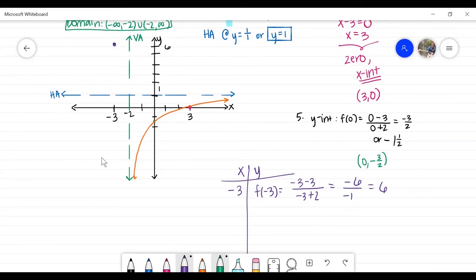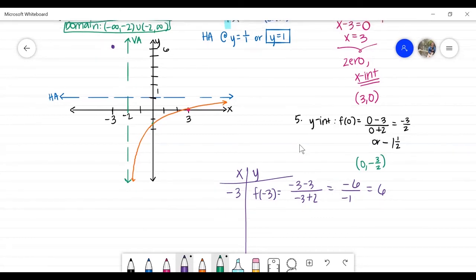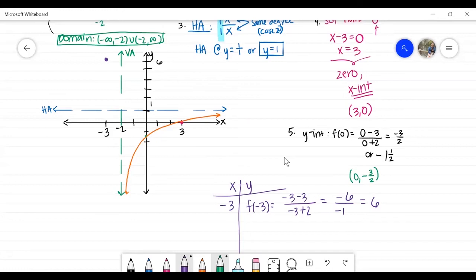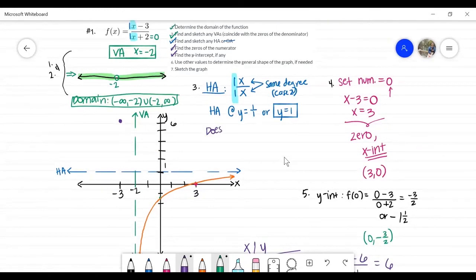Well, that's a pretty good indication that this is above this line. Now, one thing we hadn't done is check: do we cross this horizontal asymptote? And now might be a really good time for that. Does f of x cross y equals 1? Most of the time, no, but horizontal and oblique asymptotes could be crossed, and we always want to check. So I take my function, x minus 3 over x plus 2, and set it equal to 1. I'll multiply that up and over.